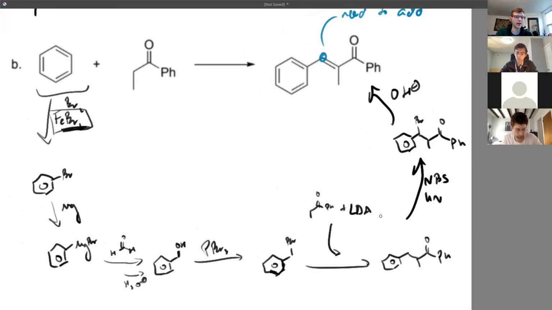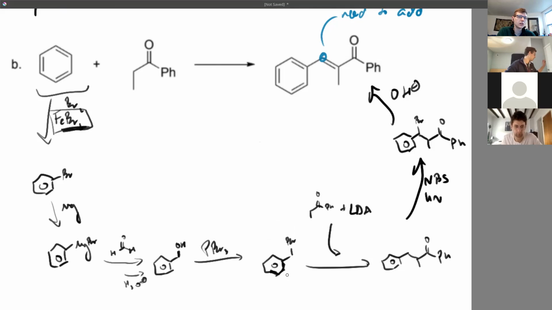You have to keep it there with whatever base you used. And if we had hydroxide along with this bromide in the same place, you'd compete with SN2. Okay. Yeah. So this is a case where LDA counts.